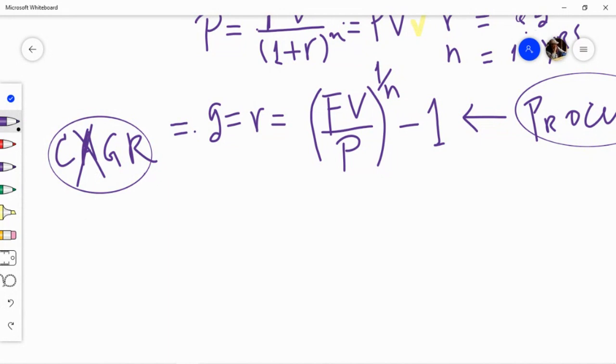So actually, this is not the right term to generalize it. For generalization, it's just better to call it compounded growth rate, not annual.